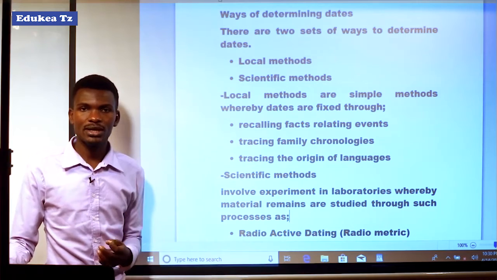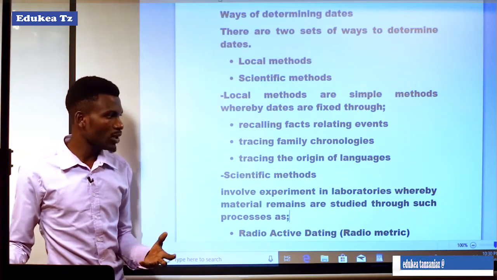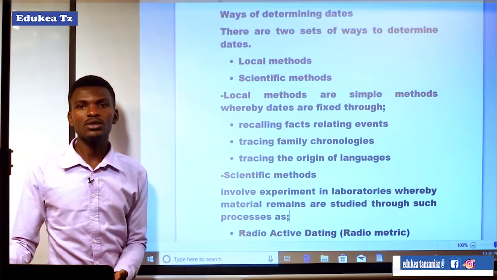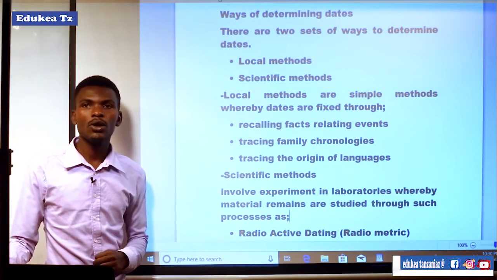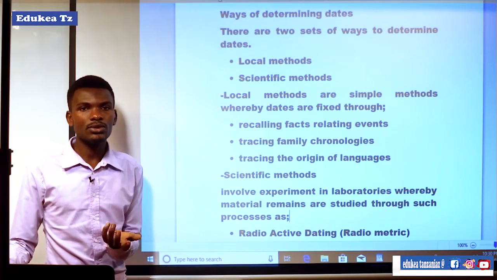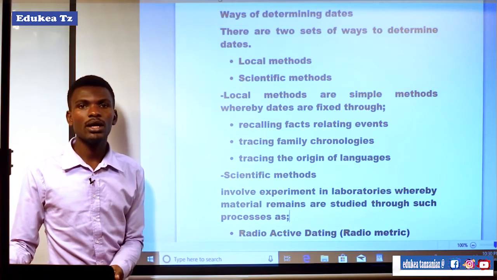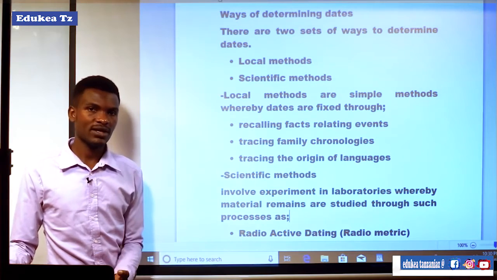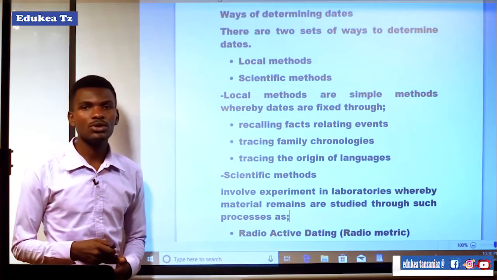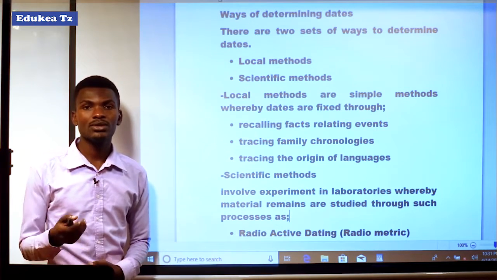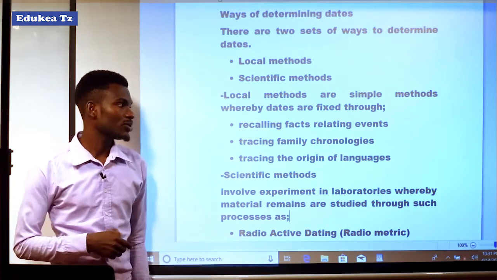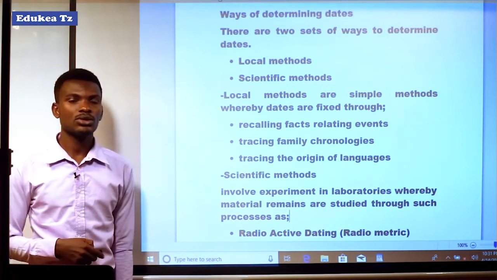So you will trace that my great-grandfather was born maybe in the year 1700. So you may trace the family chronologies according to your family tree. That's how we determine a date, by tracing family chronologies.